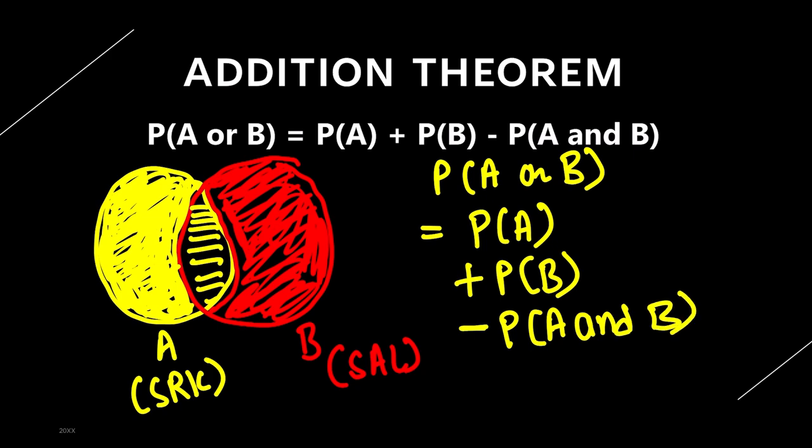So the probability of a person watching any of the movies is equal to the probability of A, the Shah Rukh Khan movie, plus the probability of B, the Salman Khan movie, minus the probability of A and B.